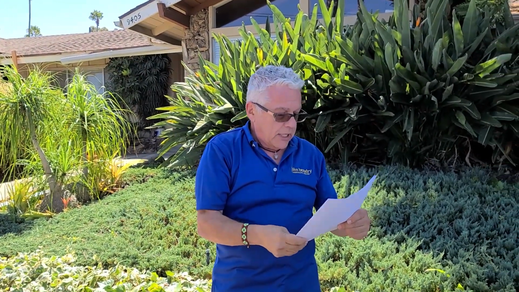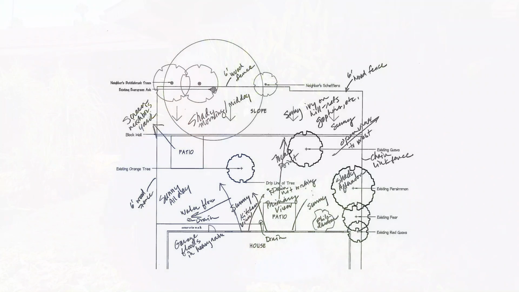Like I said, sun and shade patterns, wet areas or drainage issues, any views that you want to be sure to enhance or block. A lot of times we have a neighbor that collects a lot of junk and we don't want to look at their yard, or they're not a nice guy or a girl and we want to keep them out of our life and keep them from looking at us. So we need privacy here.